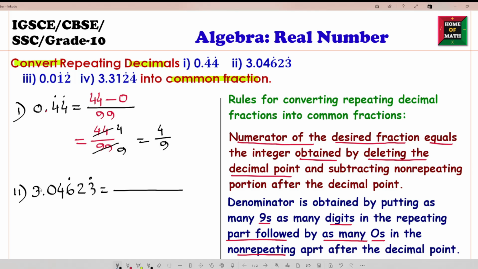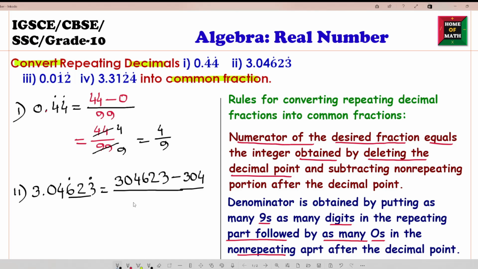First, we have to write the whole number deleting the decimal point, so 304623, and now we will subtract 304, because 623 is the repeating part and beside it is 304, right?